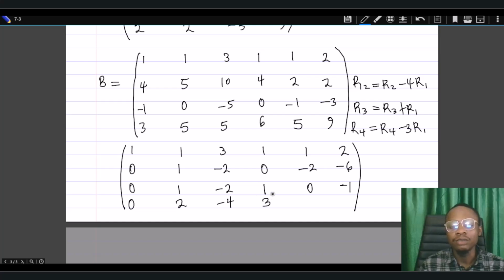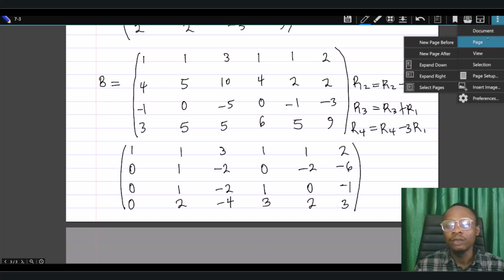Yes, we're good. Then 5 minus 3, that is 2. And then 9 minus 3 multiplying 2, that is 9 minus 6, that is 3.